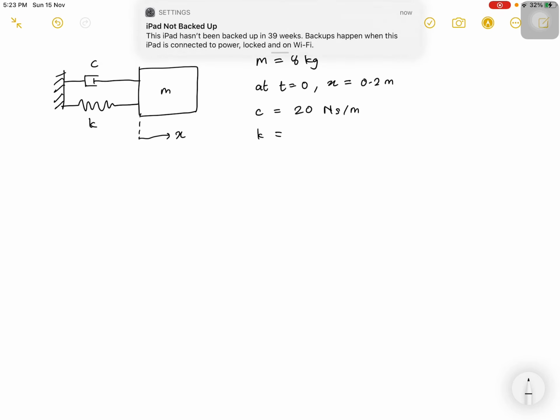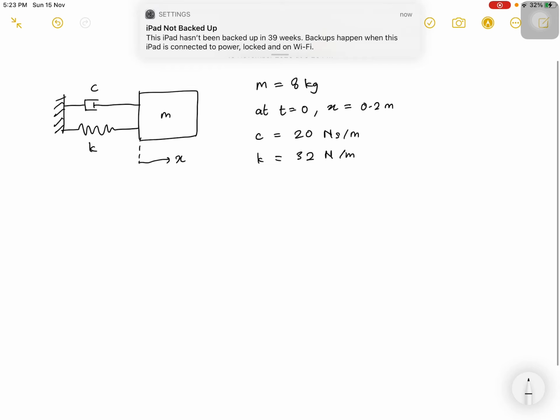And we have the stiffness coefficient. That's all the information given from the question.